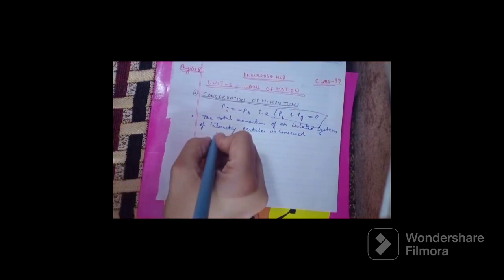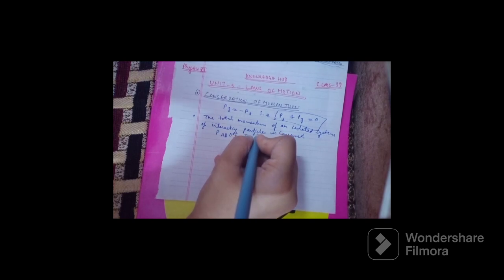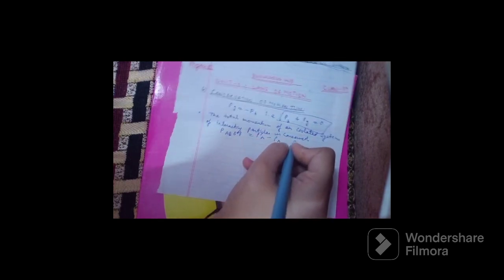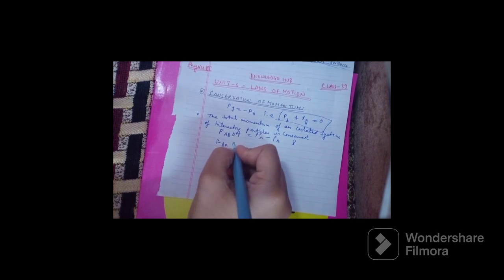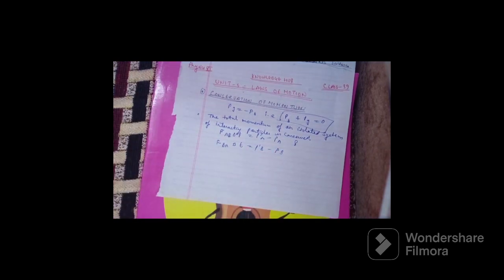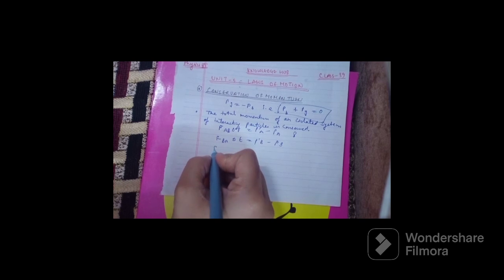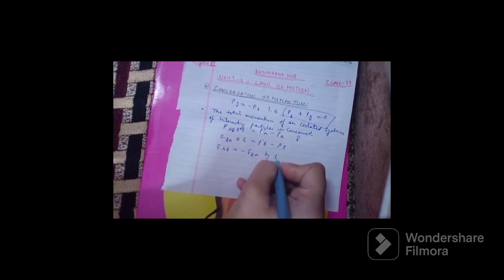By the second law, FAB delta t equals P dash A minus PA and FBA delta t equals P dash B minus PB, where we have taken a common interval of time for both forces, that is the time for which the two bodies are in contact, and since FAB equals minus FBA by the third law.